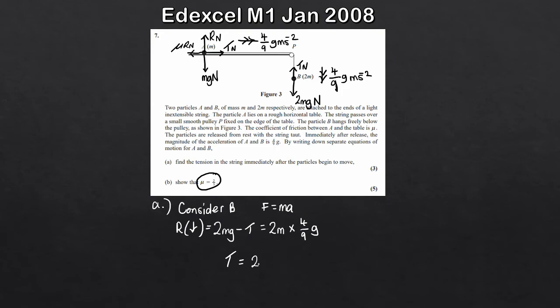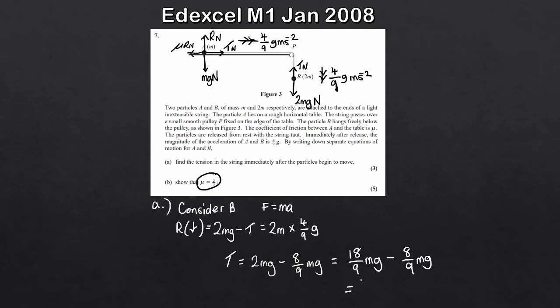So that means 2mg minus 4/9 mg. I think that's a nicer way to write it. Now notice, we can write 2mg as a fraction in its exact form: 18 over 9 mg minus 8 over 9 mg.